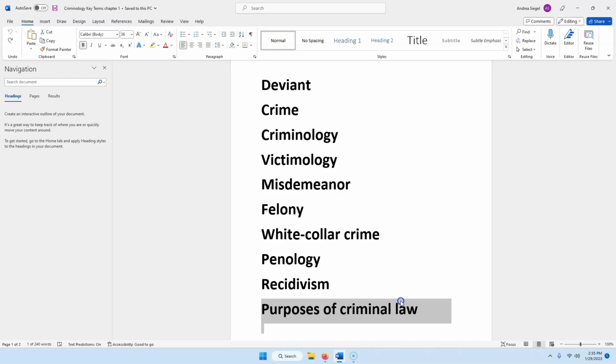It deters criminal behavior and wrongdoing, punishes transgressors. Criminal law, according to the textbook, creates equity, which is sort of a curious idea. We'll find out more about that later. And it abrogates the need for private retribution, which means if we have criminal law, people are less likely to go after their neighbor, an eye for an eye, a tooth for a tooth.